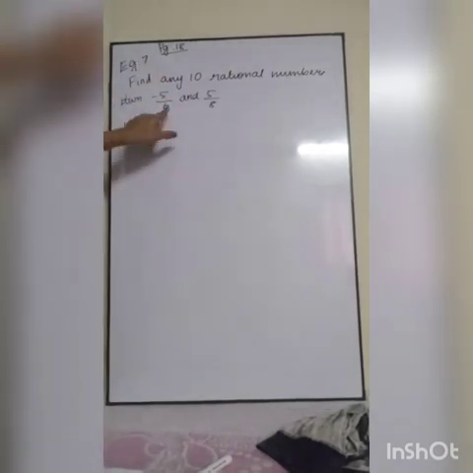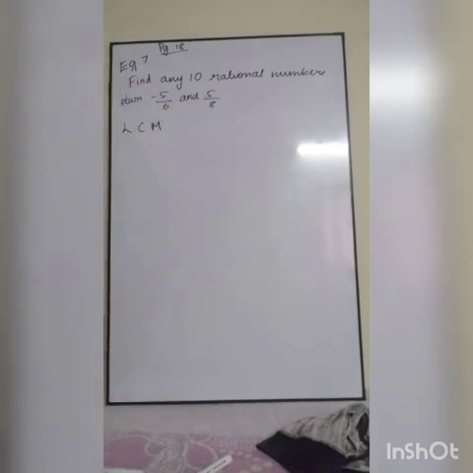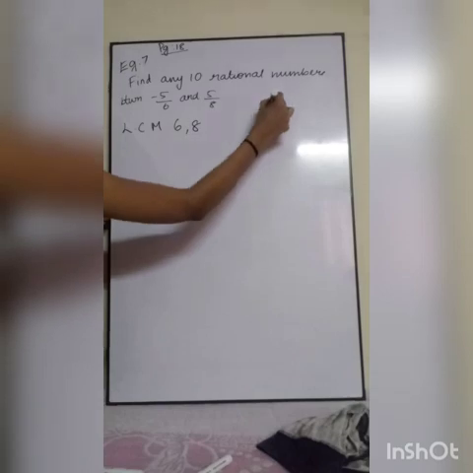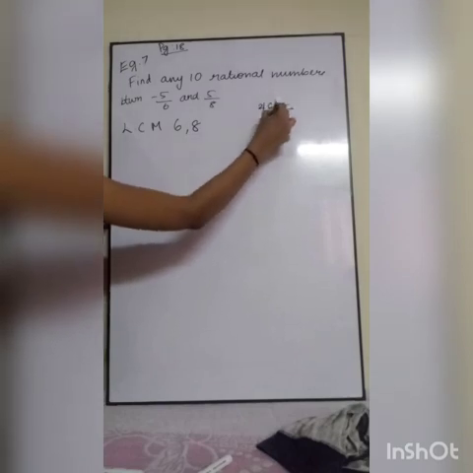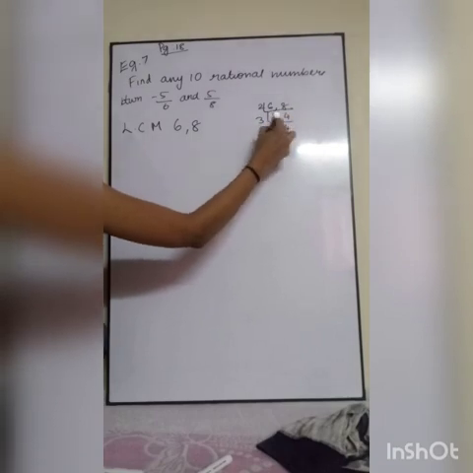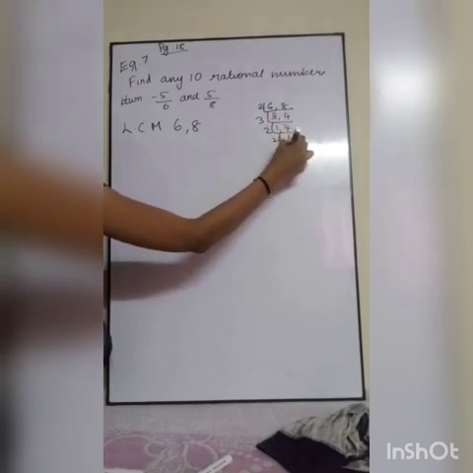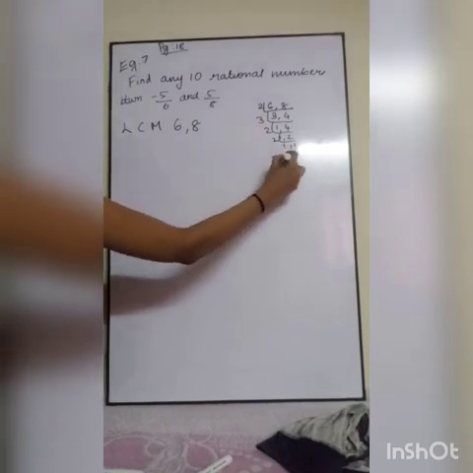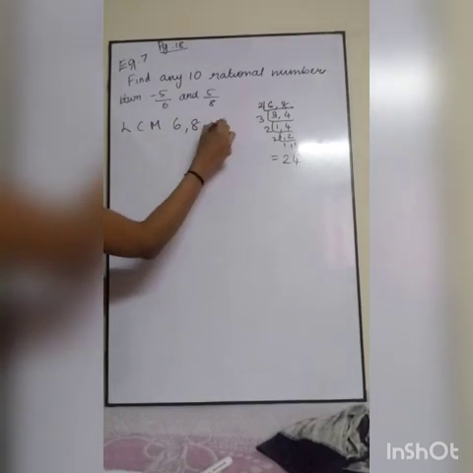But here both denominators are different. So I am going to do the LCM of 6 and 8. Just do the LCM, children. 2 3s are 6, 6 2s are 12, 12 2s are 24. So my LCM is 24.